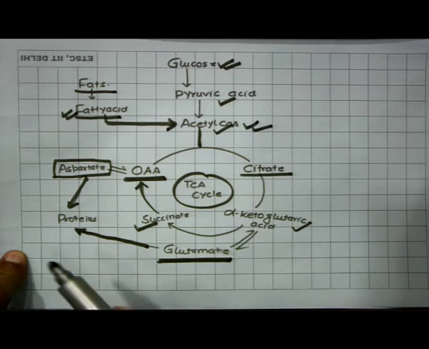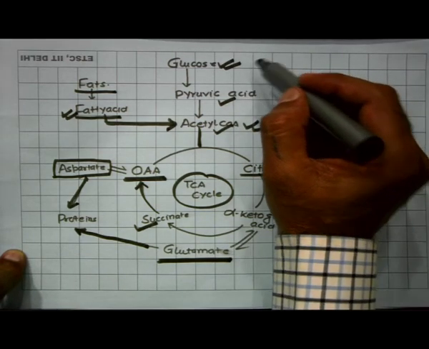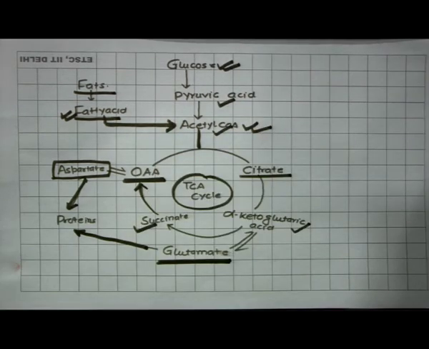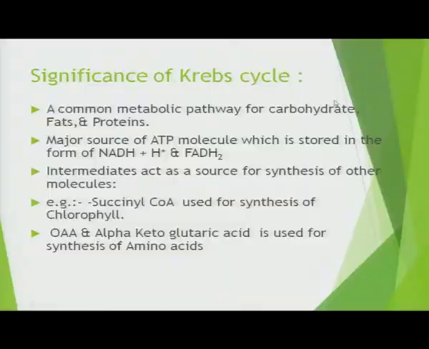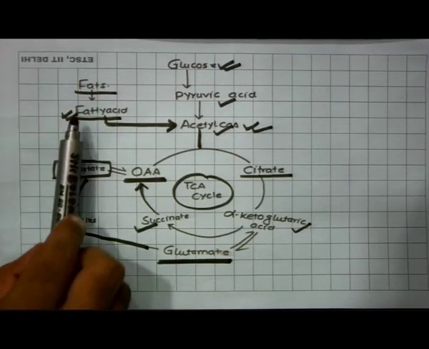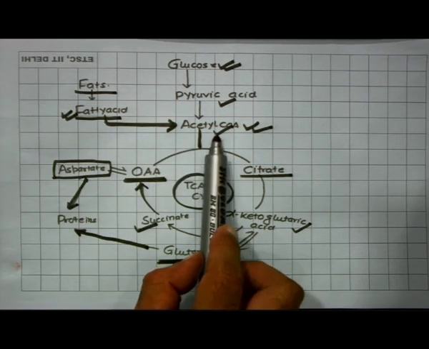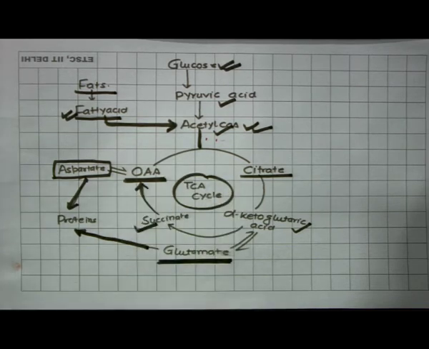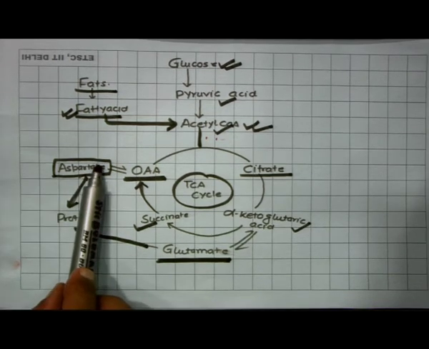So, we can explain the significance of the Krebs cycle. The Krebs cycle is a common metabolic pathway for carbohydrate, as we have seen. The glucose is directly involved in the Krebs cycle. Fatty acid is directly involved in the formation of acetyl coenzyme. This acetyl coenzyme is directly involved in the tricarboxylic acid cycle, and the protein helps in the formation, vice versa, of aspartate.